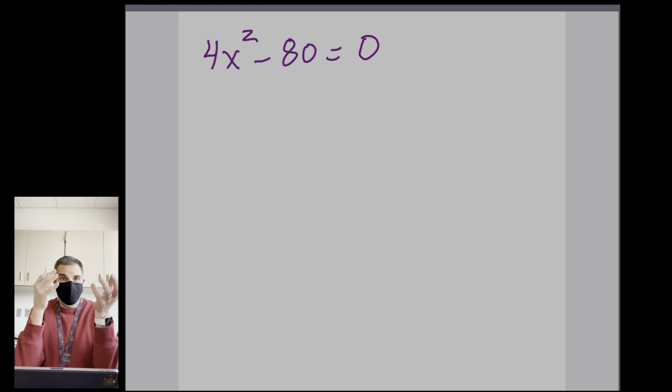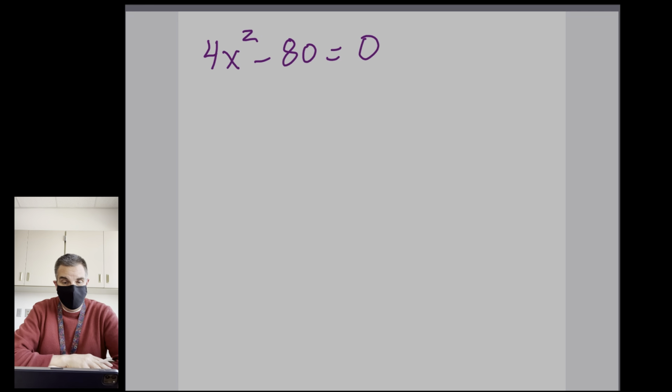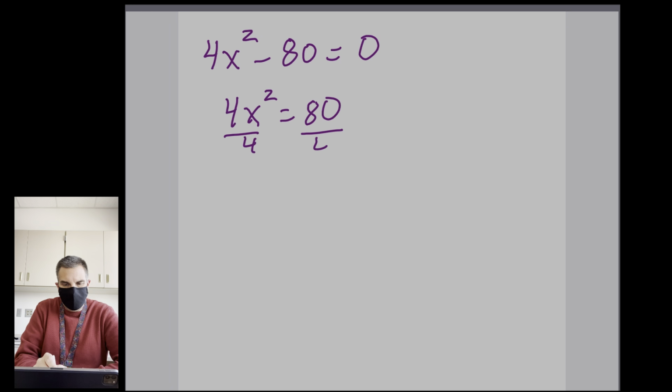And the next example, let's say we have something like 4x squared minus 80 equals 0. Now we've got our x squared in this case, minus something equal to 0. The first thing we're going to do is isolate our square. So I'm going to add 80 to both sides. So you get 4x squared equals 80. I'm going to divide both sides by 4 and end up with x squared equals 20.